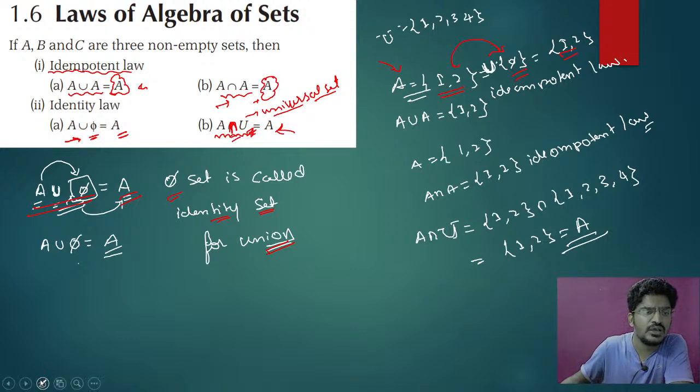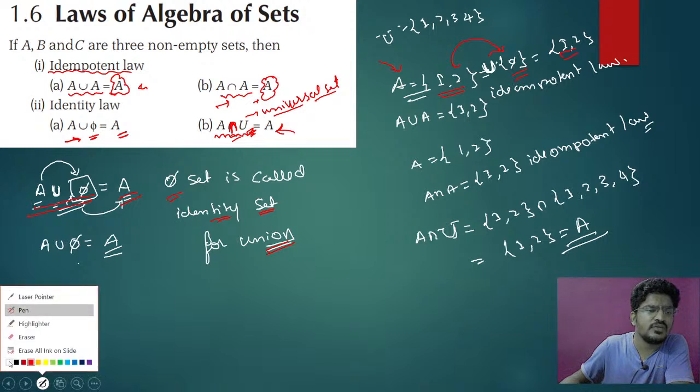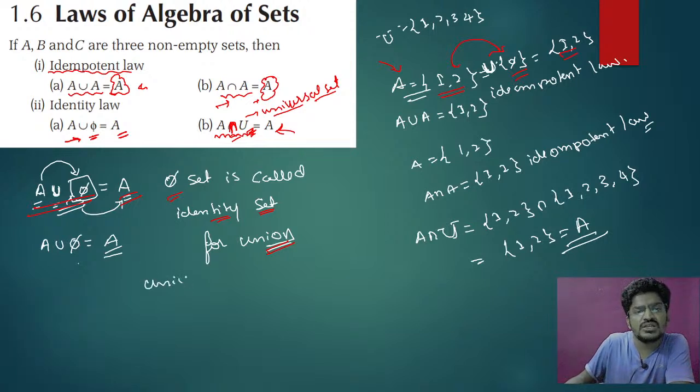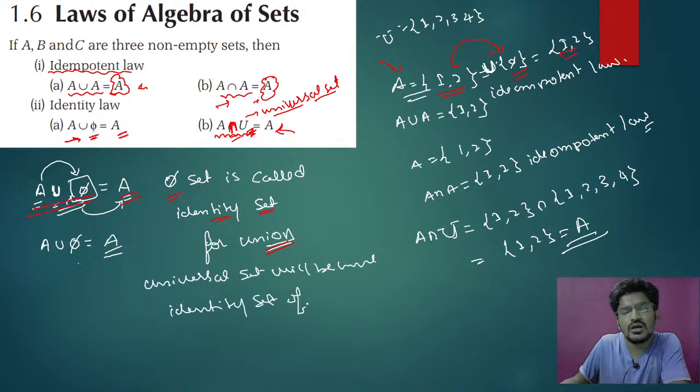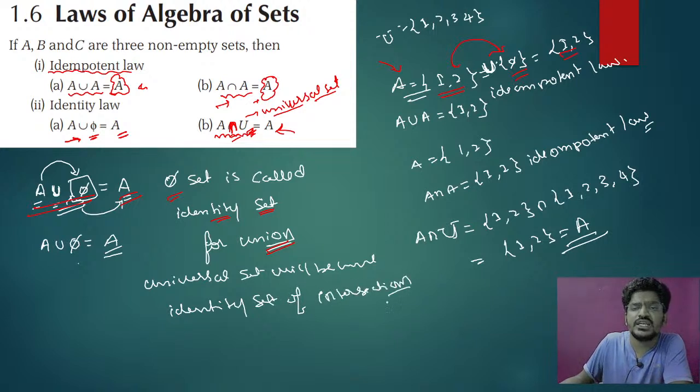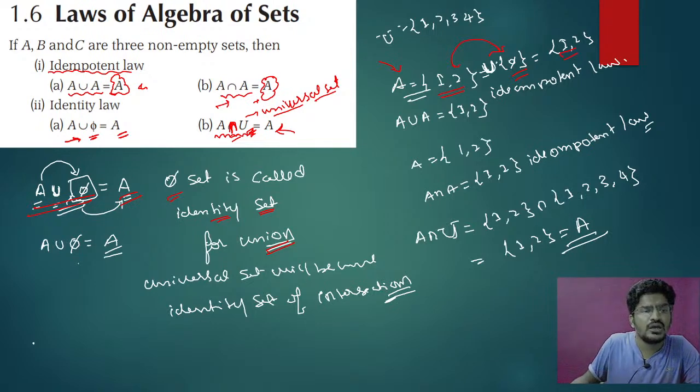That means the universal set will become the identity set for intersection. Are you getting my point? So here the universal set, that is U, will be the identity set for intersection.